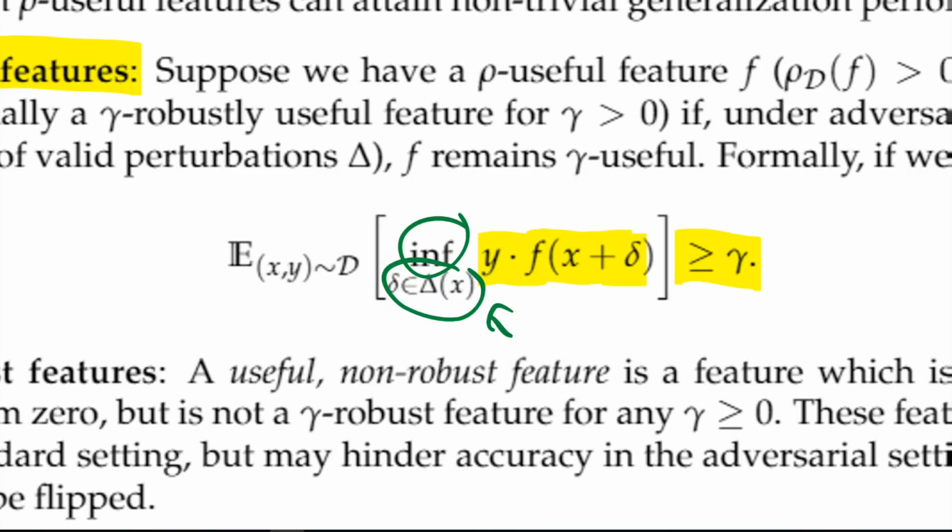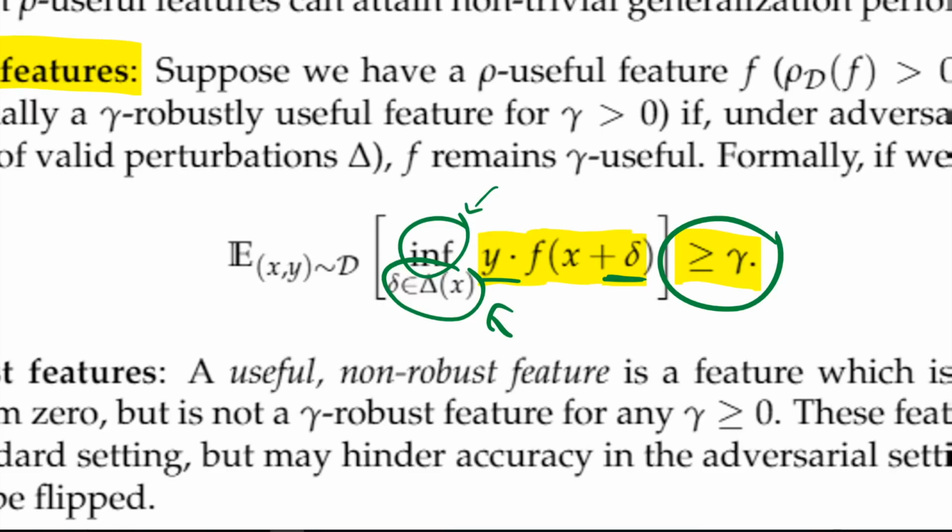Basically what this means is, it says that however we try to perturb x, right, and the infimum here means the minimum correlation. However we try to make the feature not correlated with y, however much we try, we can't get it lower than some gamma, some number, right? We can't get it down.